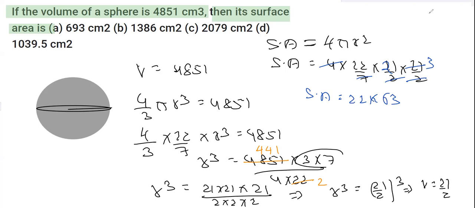This is 63 into 2, which gives you 126, and 126 into 11 comes out to be 1386 centimeter square. Yes, we have an option here. Sorry, it's a square, right? It's an area. So this is the correct option for this answer.